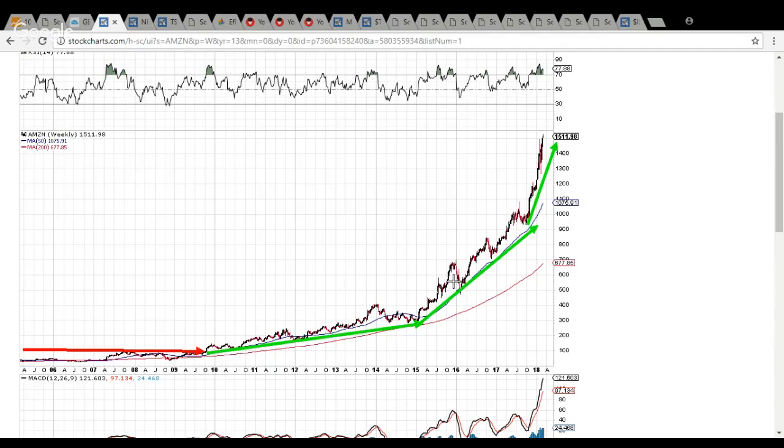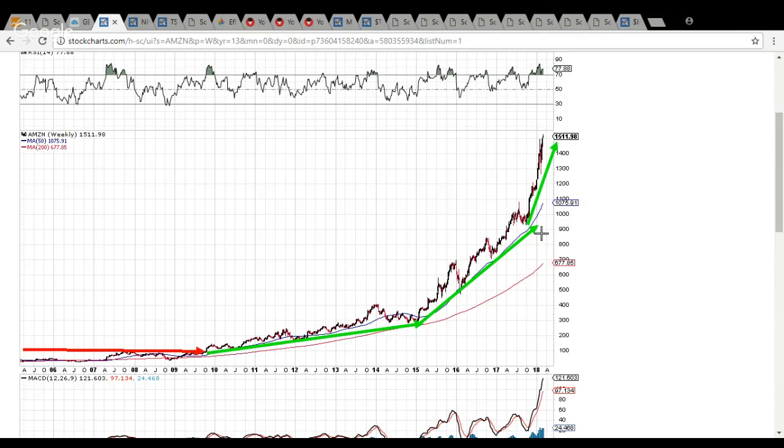But there clearly was a close right here in the beginning of 2016, slightly below that line. So that makes this chart a little funky.